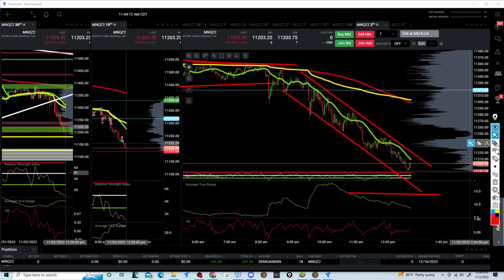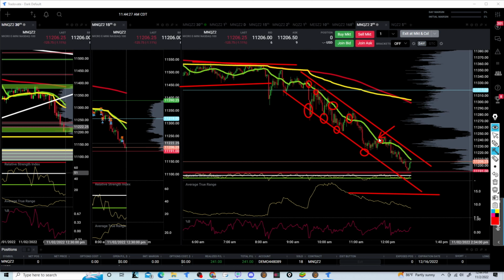Excellent day. So you should be looking to sell away from the 20, all right? And you should be looking to buy at the 20, okay? If price breaks above the 20, just wait for it to get back below the 20, okay? Now, I know you're looking at this saying, well, it hit the top of the range.